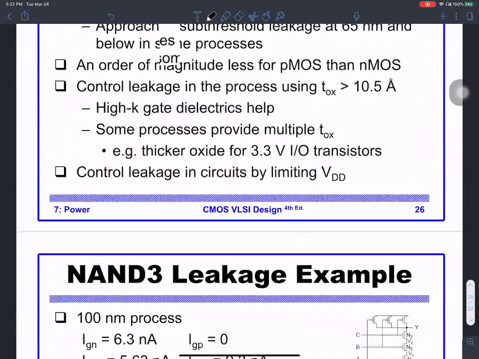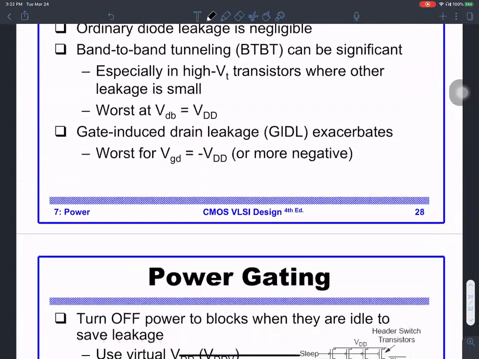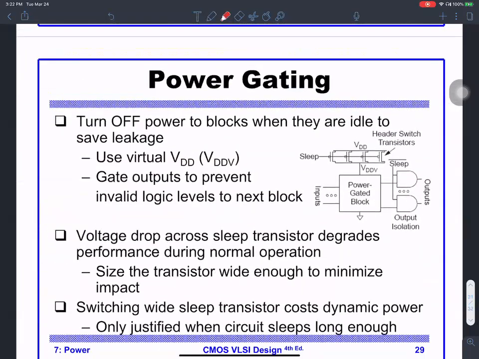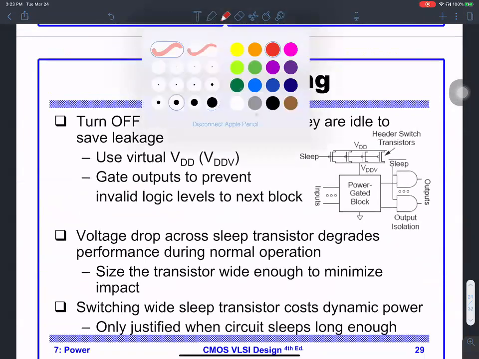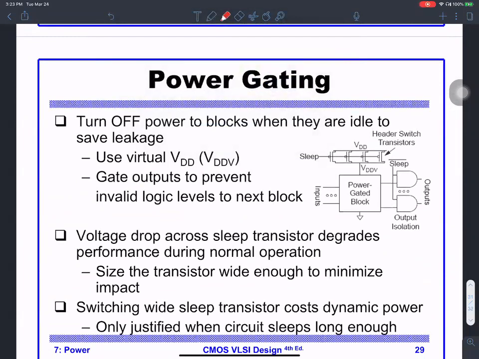Another technique to lower the power consumption is what is known as power gating. The idea is to turn off power when a block is idle. If a particular block is idle, I use a PMOS transistor.